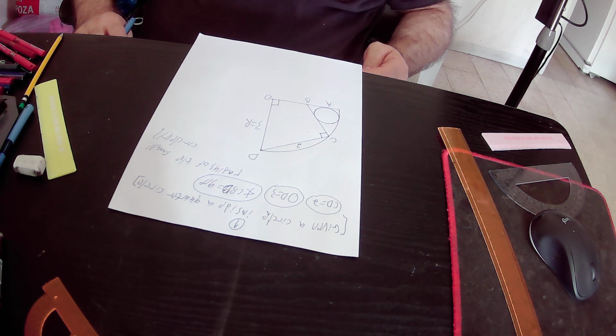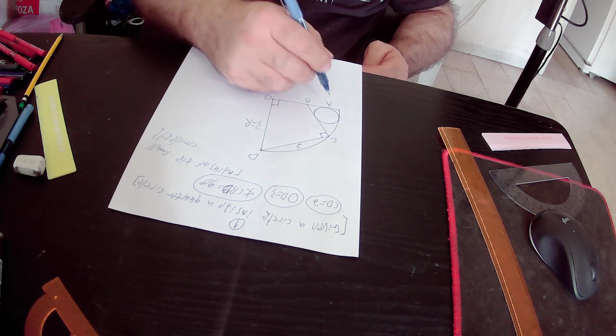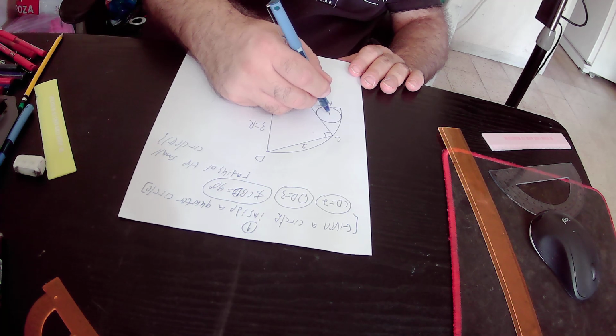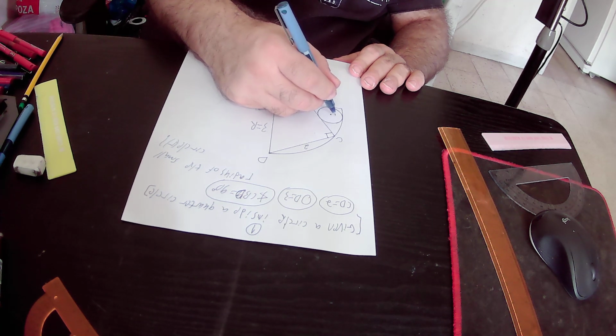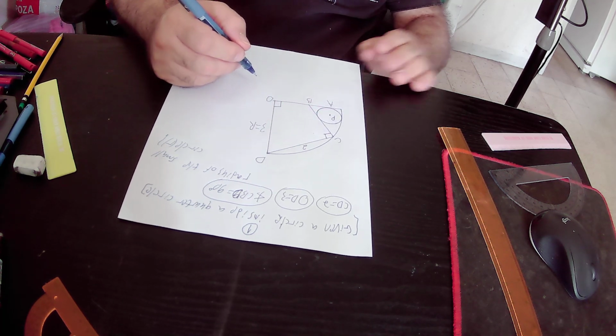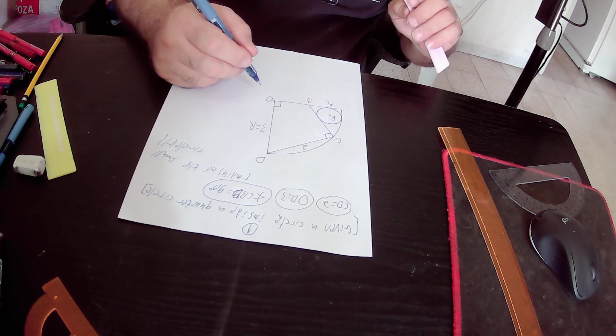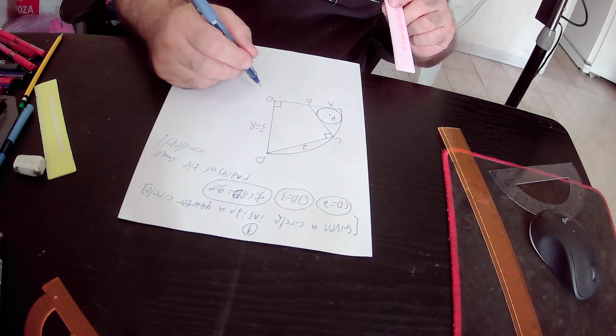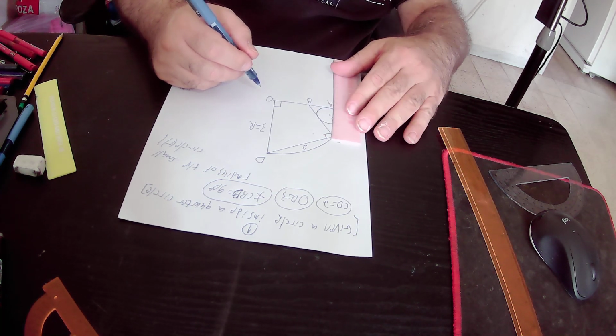And we will define the center of the small circle as point P. Then we will join points A and P by a straight line.